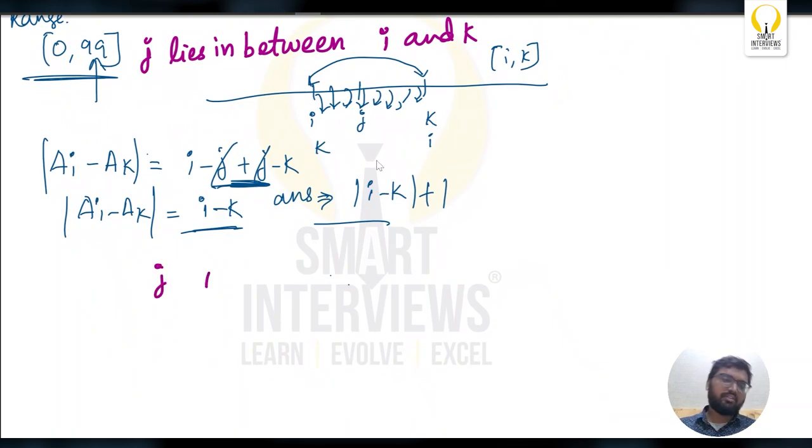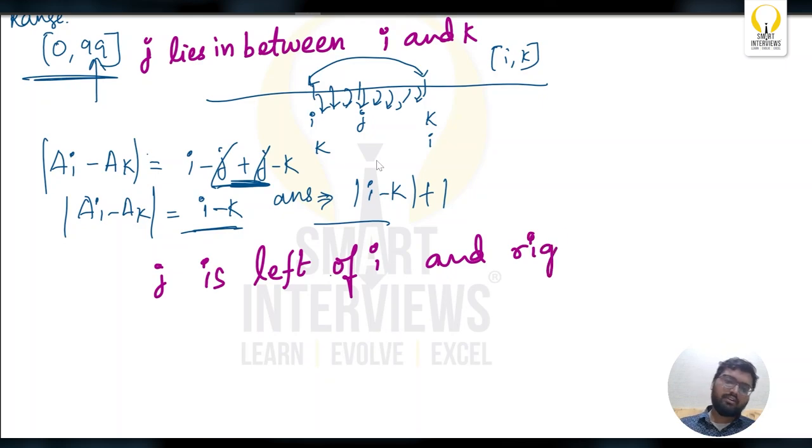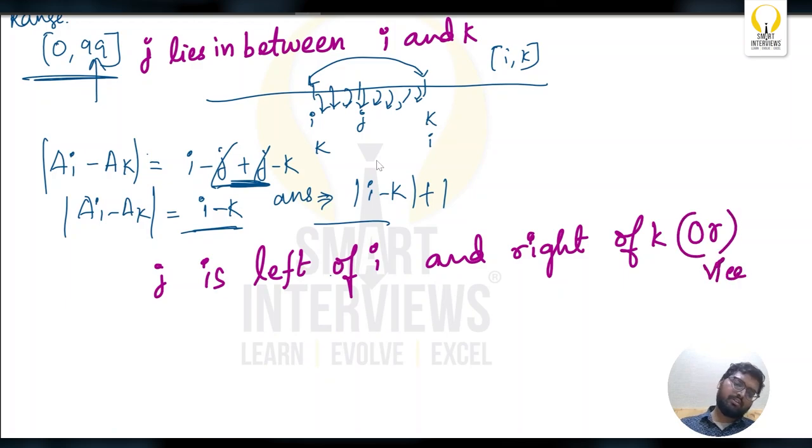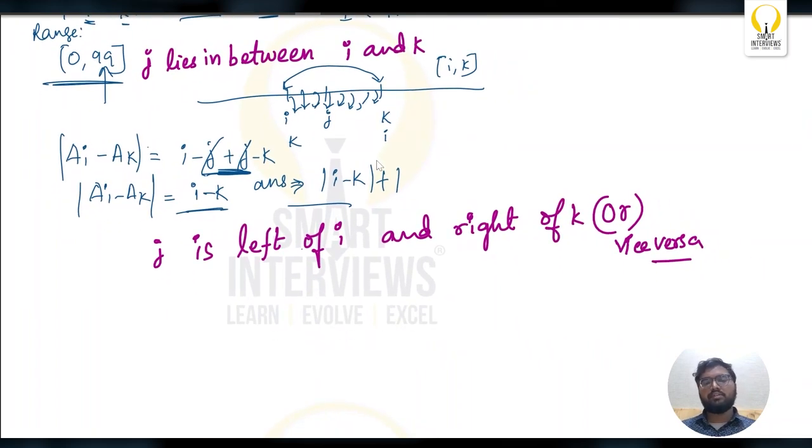j is left of i and right of k, or vice versa, the other case can be vice versa also, right? So in that case, let's look at one scenario. i is here, j is left of it, k is here, or j can be here.